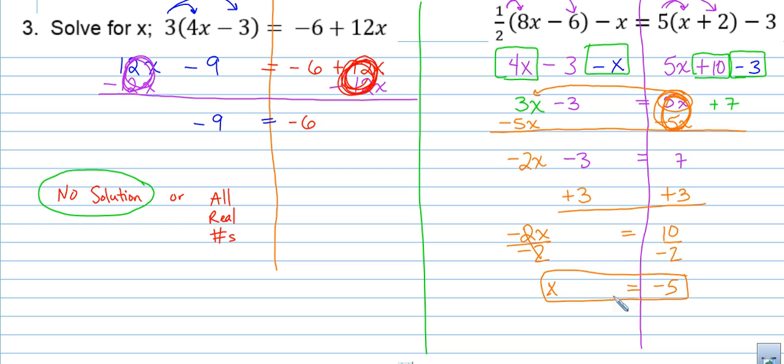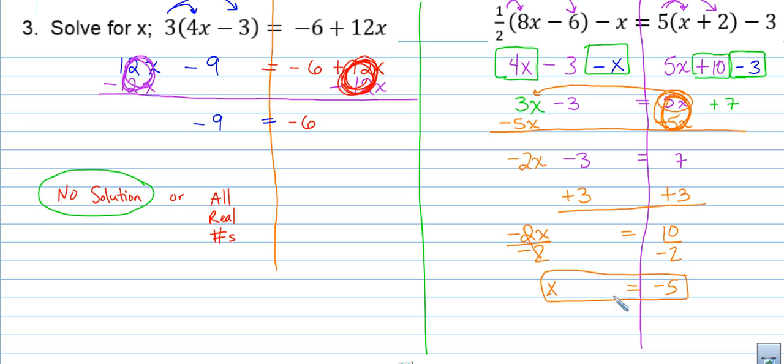Negative 40 minus 6 is negative 46. Half of negative 46 is negative 23. And then you have a negative x over here next to that parentheses. A negative negative 5 is a plus 5. So if you have negative 23 plus 5, that's negative 18. So our whole left side equals negative 18.